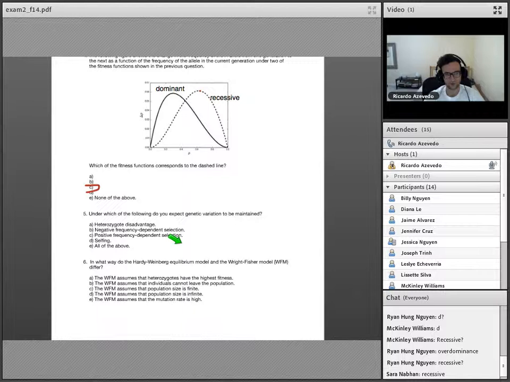So genetic variation is heterozygosity, at least as far as we are concerned. So we can just say heterozygosity or H in its place. Heterozygote disadvantage would decrease heterozygosity, not increase it. Selfing would also decrease heterozygosity.